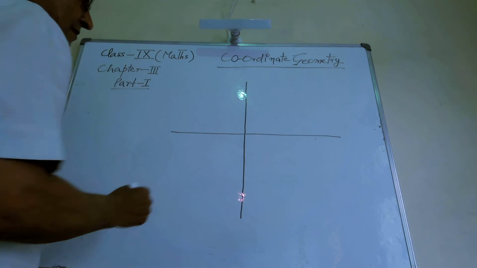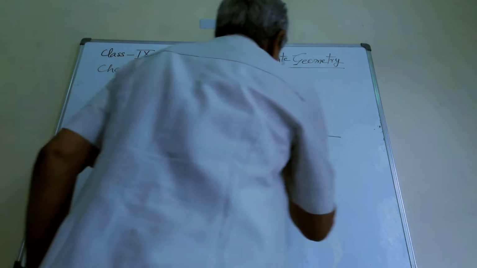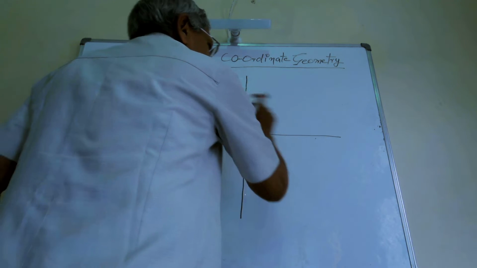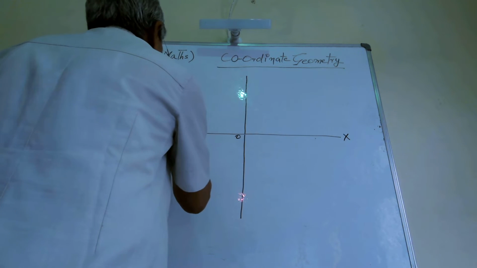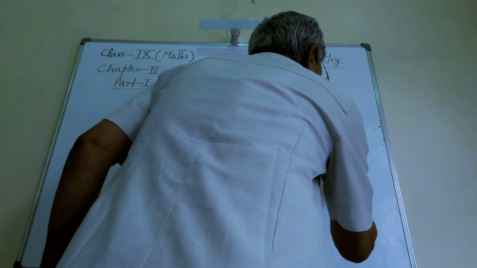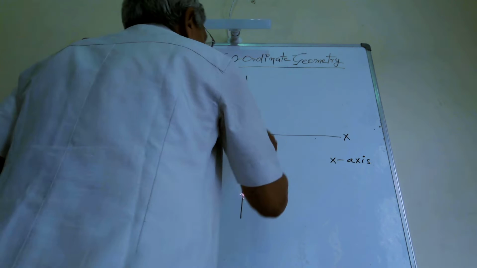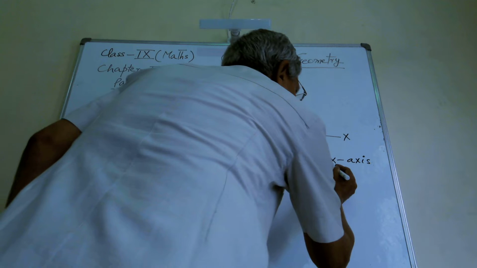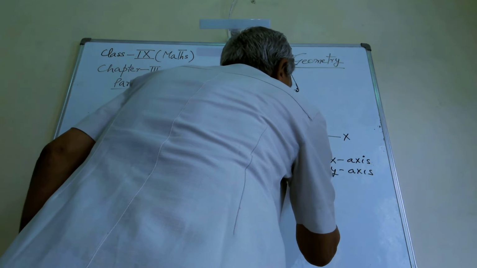These are the two perpendicular lines. Now, this is a horizontal line, this is a vertical line, and this line is called XOX', it means x-axis, and this line is called YOY', y-axis.